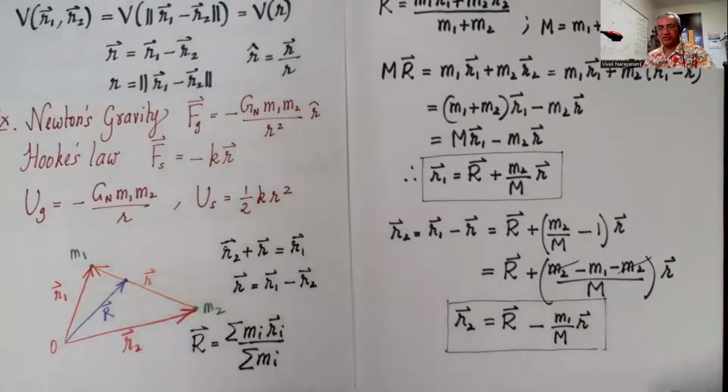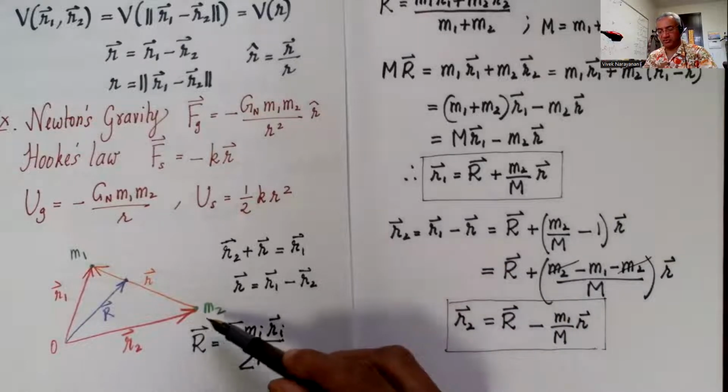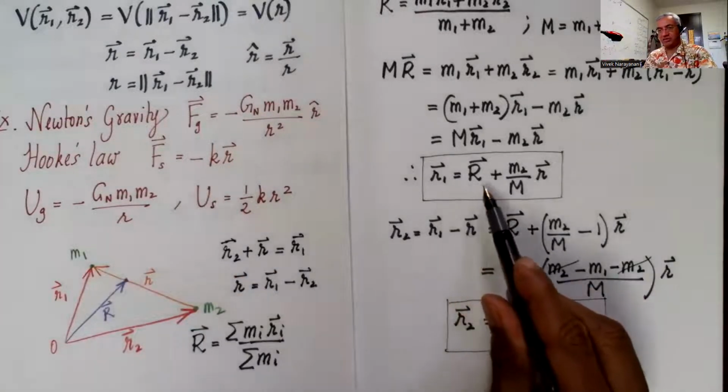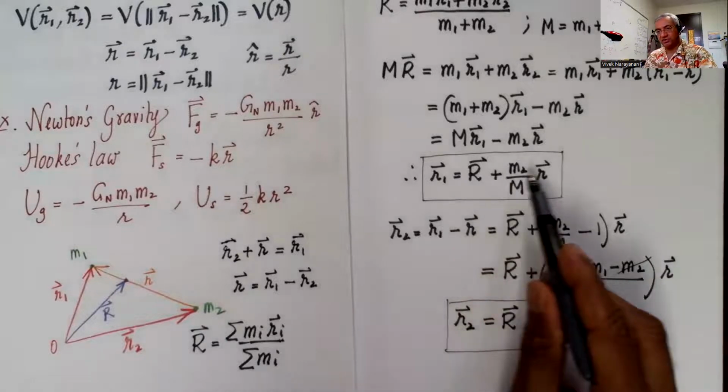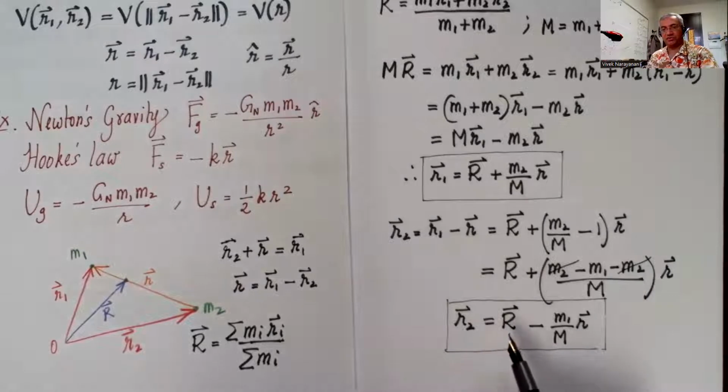The way that some students like to remember this is: because the r vector is pointing from 2 to 1, R1 is capital R plus the other mass divided by the total mass times r, and R2 is the vector capital R minus the other mass divided by the total mass times r.